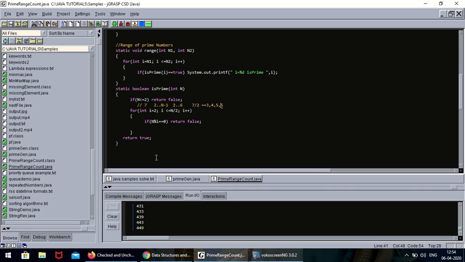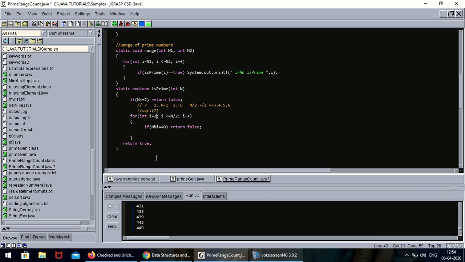Right? Some people write square root of 7. So you can put n by 2 here or square root of n.